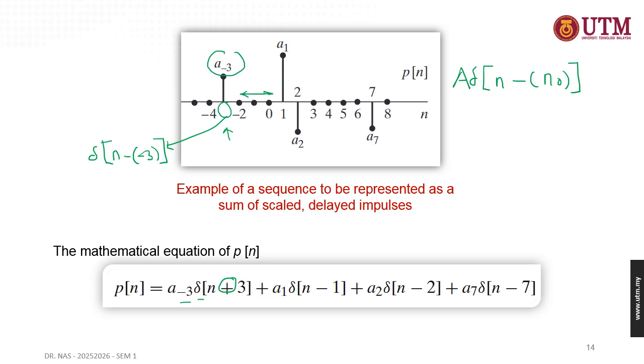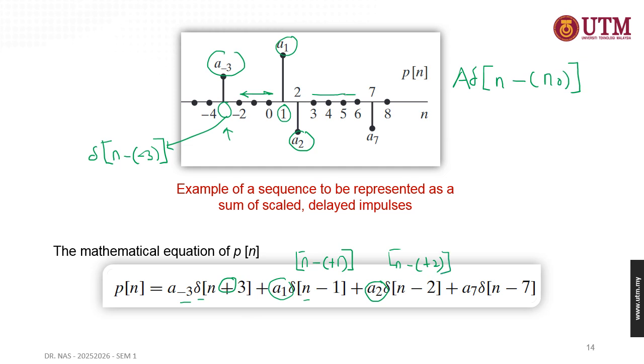Moving to the next one that has amplitude. The next one is at n equal to positive 1. So you have the amplitude of A1, so this is A1 δ[n − 1], minus positive 1. Next, here A2 is at n equal to 2, so the amplitude is A2 δ[n − 2].